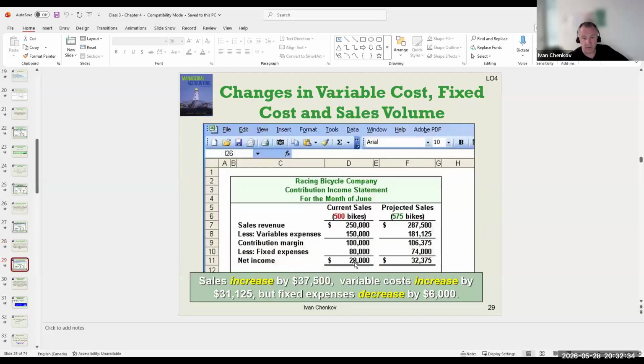So let's see the slides. If this happens, the scenario is again the decrease of the 6,000 and increase in the commission. Moving them to commission obviously helps you to increase your operating income.